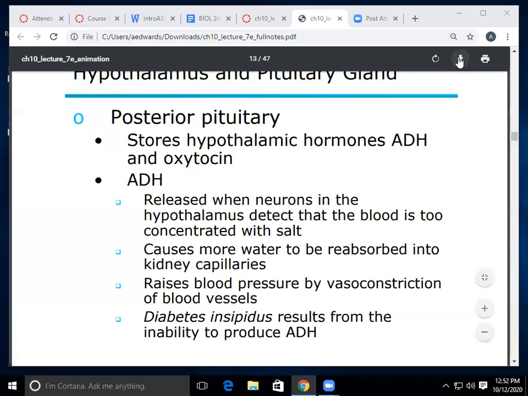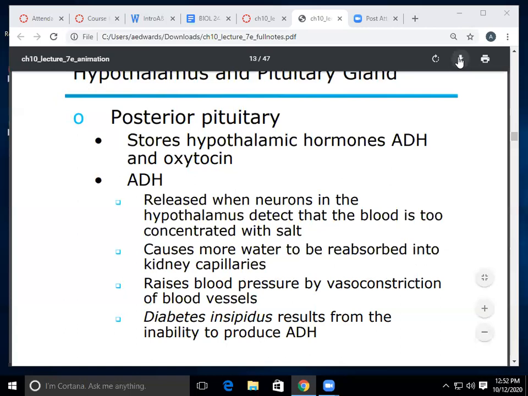So a medical term related to this is diabetes insipidus. This happens when you don't have the ability to produce ADH. So if you think about it, if you couldn't produce it, when your salt concentration gets too high, you're not going to be able to reabsorb water.